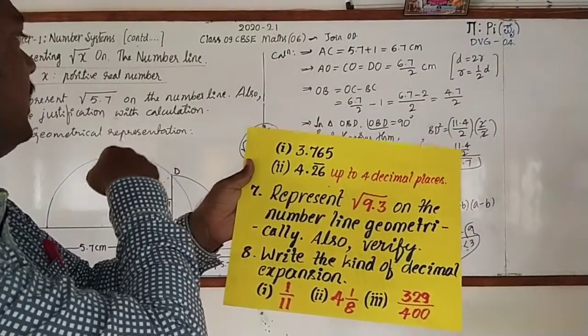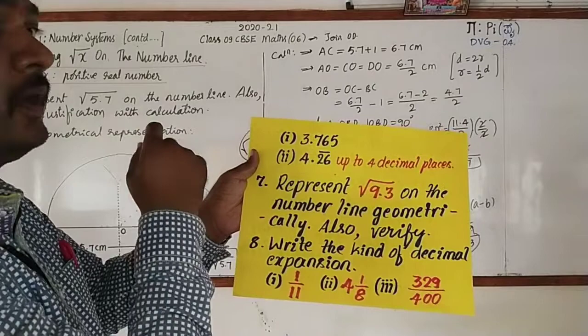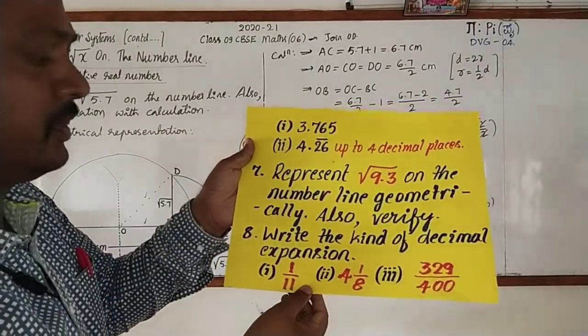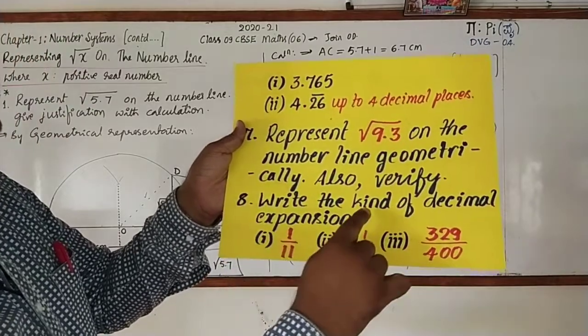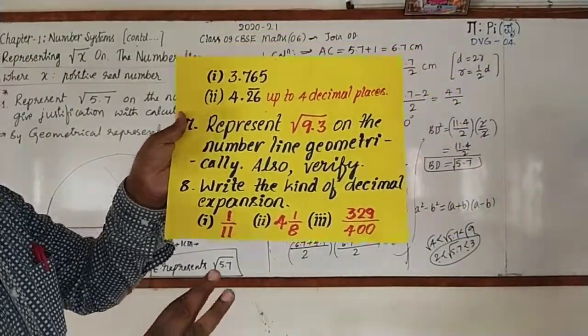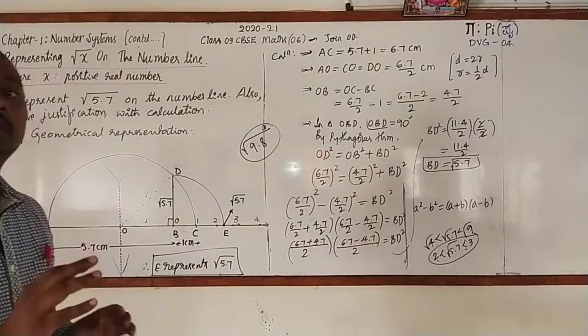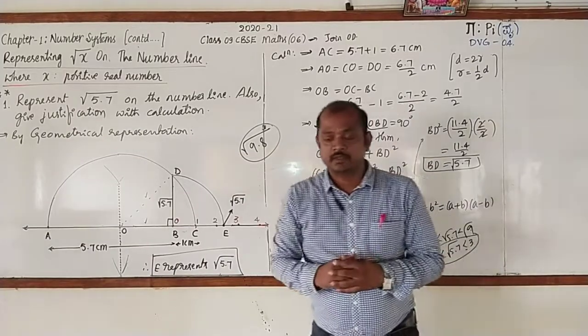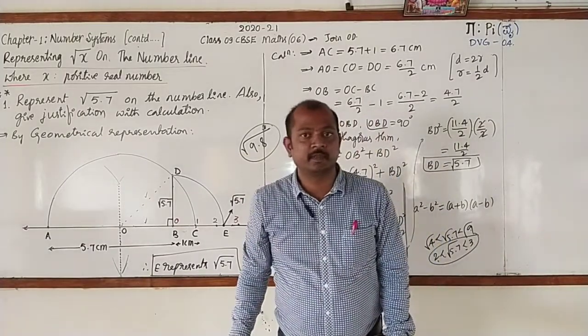That is, verify that length or showing the representation on the number line with calculation. And one more I have written, write the kind of decimal expansions. Clear? Okay. Now, okay, dear students, please do practice them.